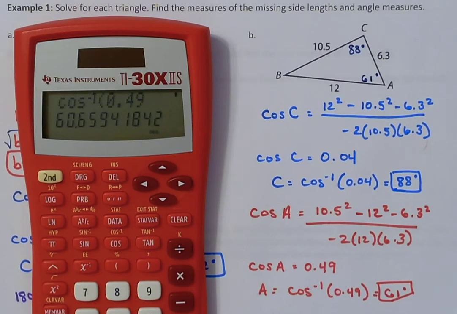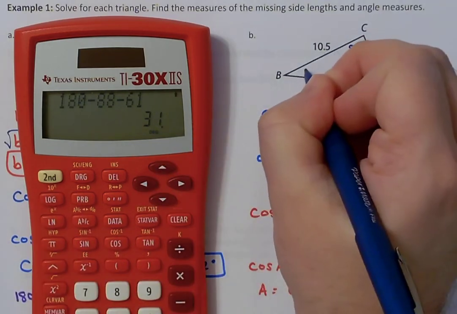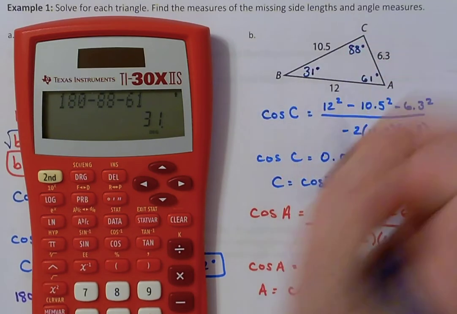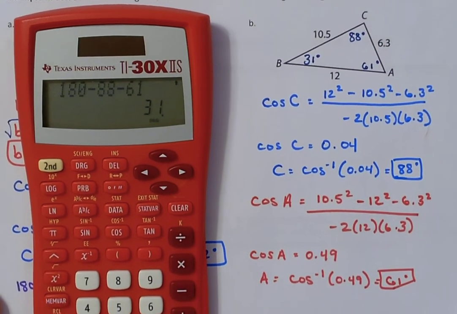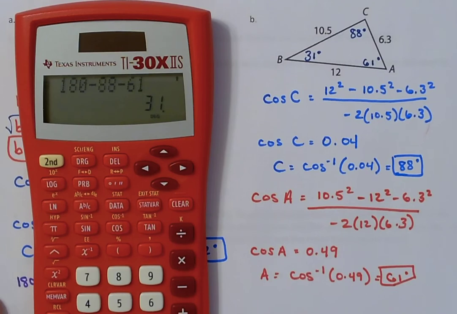To figure out the third and final angle, we're going to just do 180 minus those 2. So we'll do that in the calculator. 180 minus 88 minus 61, and we end up with 31 degrees for the measure of angle B. If we want to write that down, just slide up.